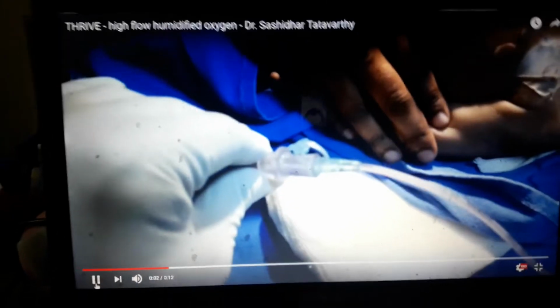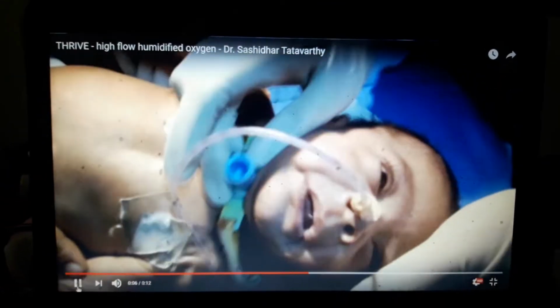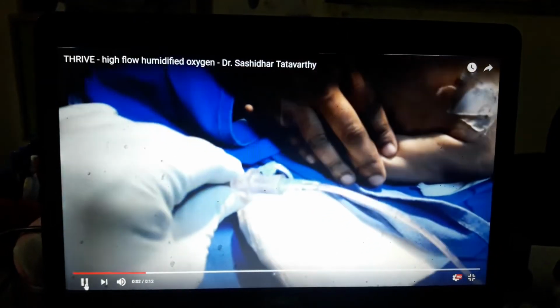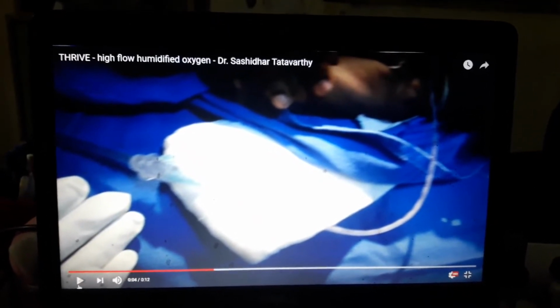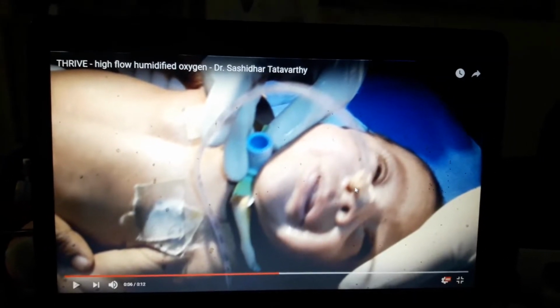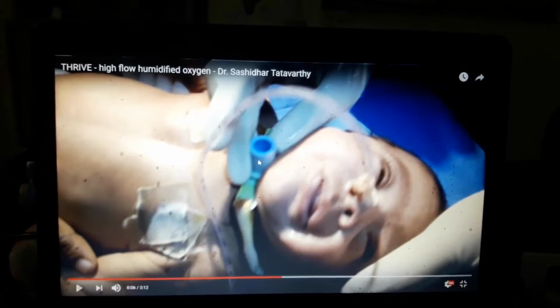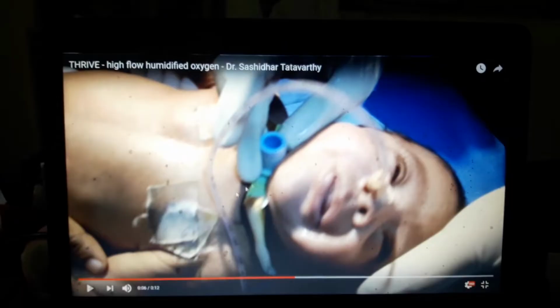Okay, thank you. In this case, the surgeon Dr. Sasidarth Tathavarthi was changing the tracheostomy tube. He has kept high flow nasal oxygen, simply our routine cannula, what we see in ICUs, with 10 liters into the nasal mask, in the nasopharynx, and when he is changing the tube, he is getting some more apneic time.